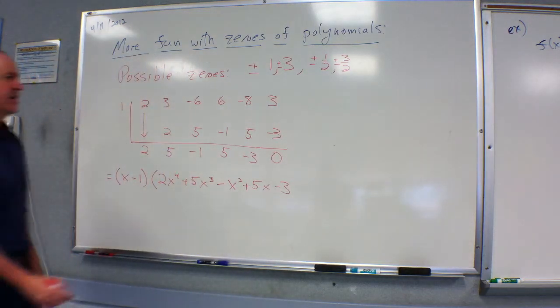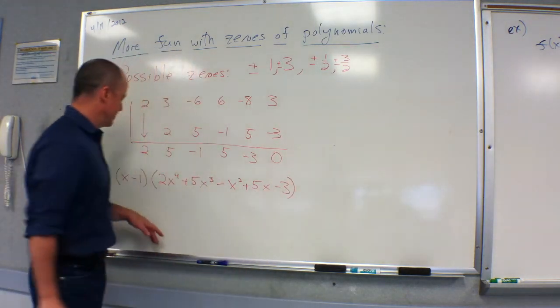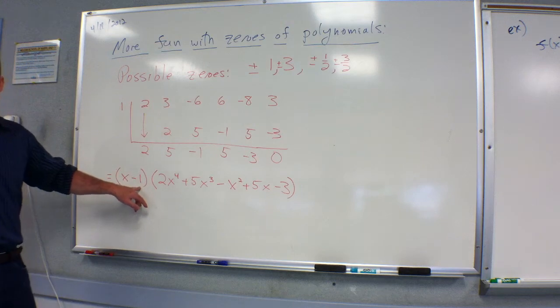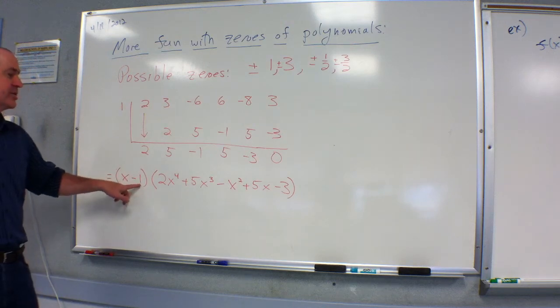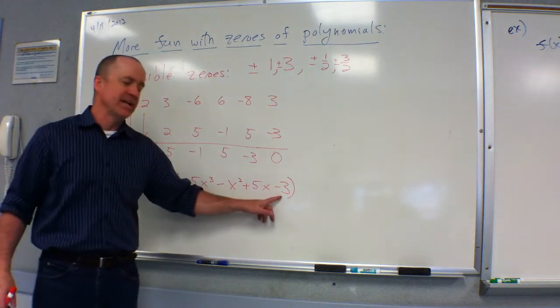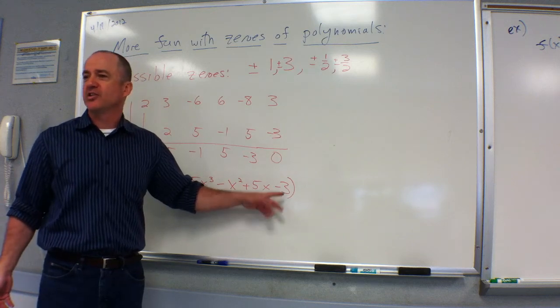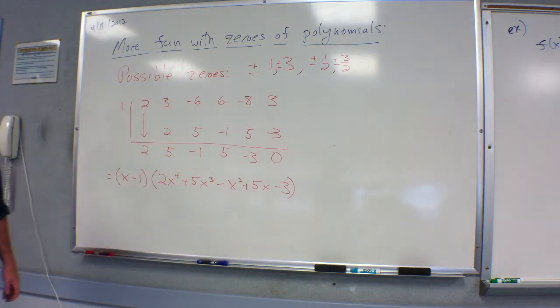We didn't get as lucky as I hoped this time, because you're never going to with 1. If you use something other than 1, you'll get a different last number, and then you'll get fewer zeros. But this time we have the same number of other zeros to play with, and this is a 4th degree.